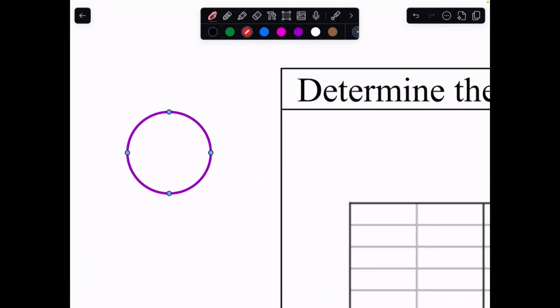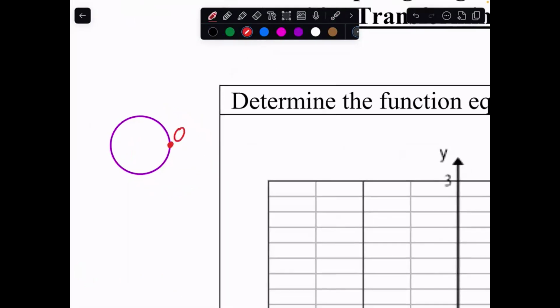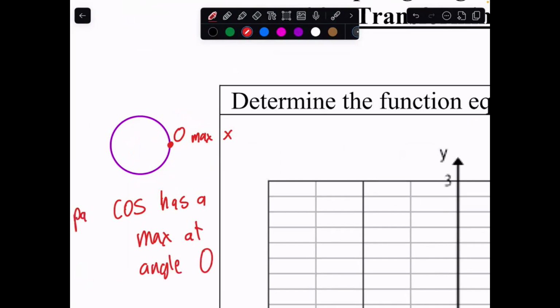Normally at angle 0 for cosine, right? Cosine is x, so this is the max. So the parent cosine function, the basic cosine function, has a maximum at angle 0.